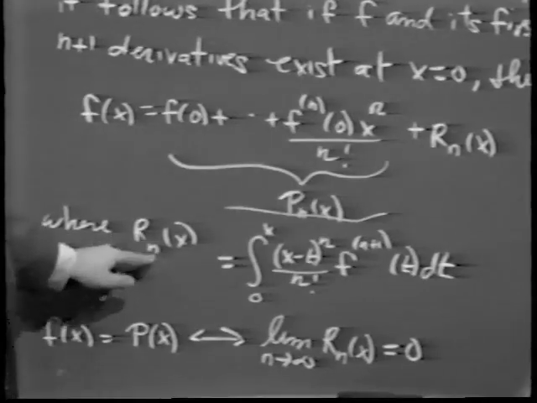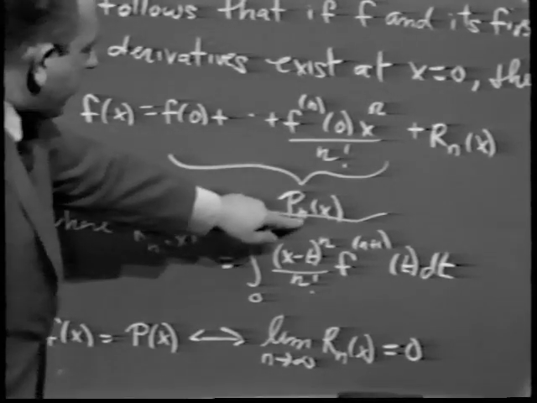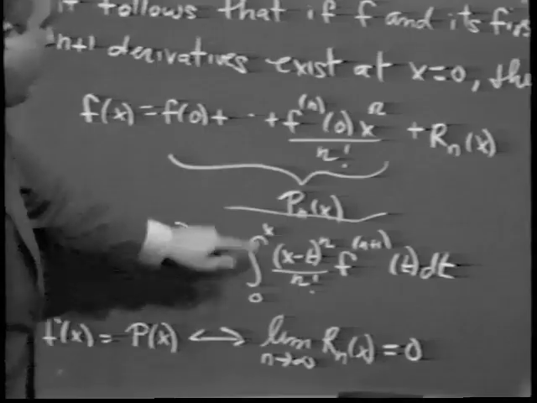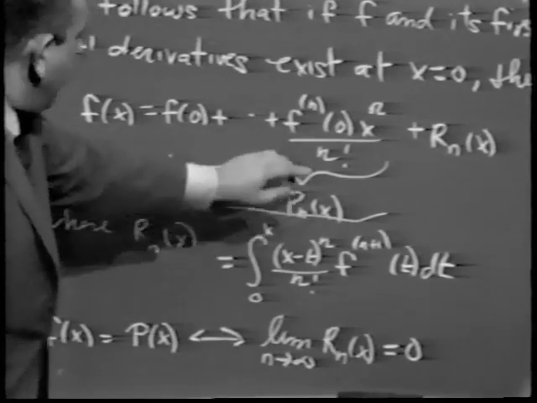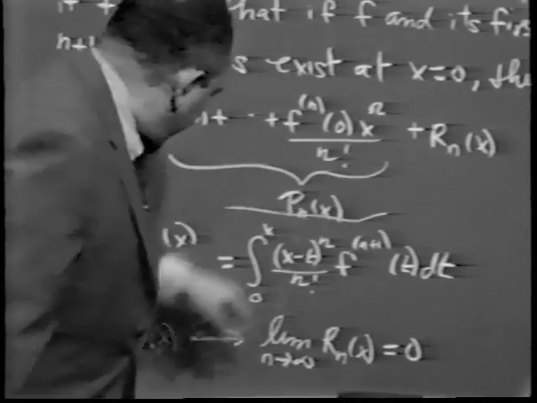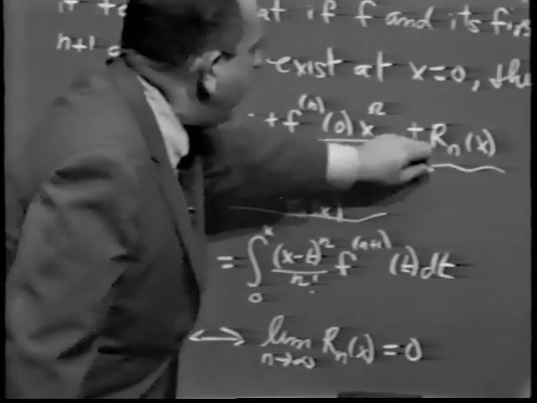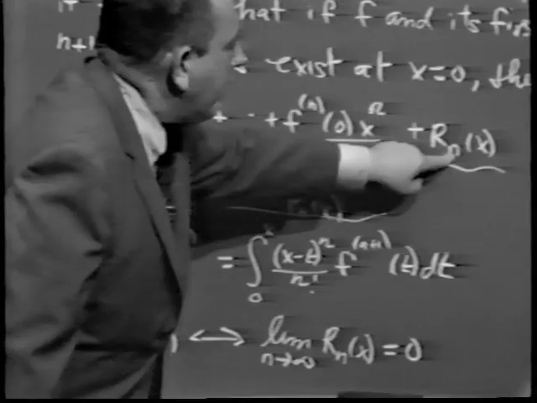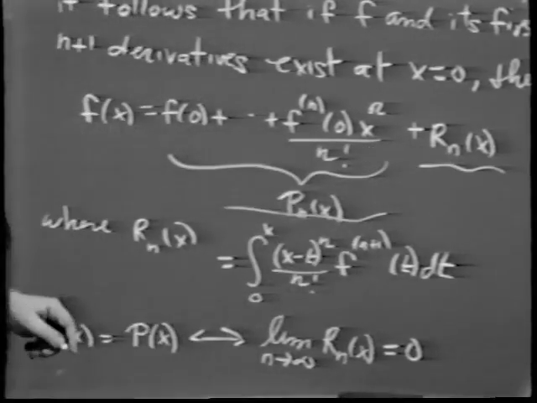And the point is that if you now take the limit of this expression as n goes to infinity, remember p of x is this limit. Therefore, the only way that p of x can equal f of x is if, for a given value of x, this remainder goes to 0 as n goes to infinity.